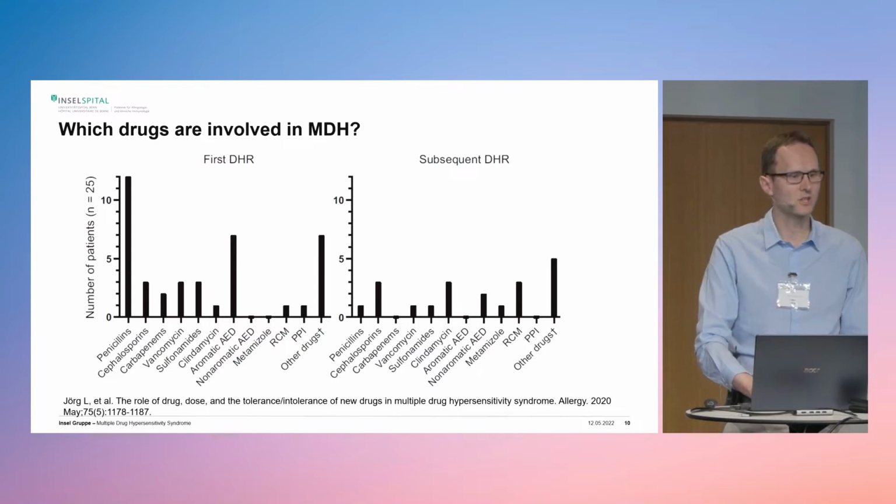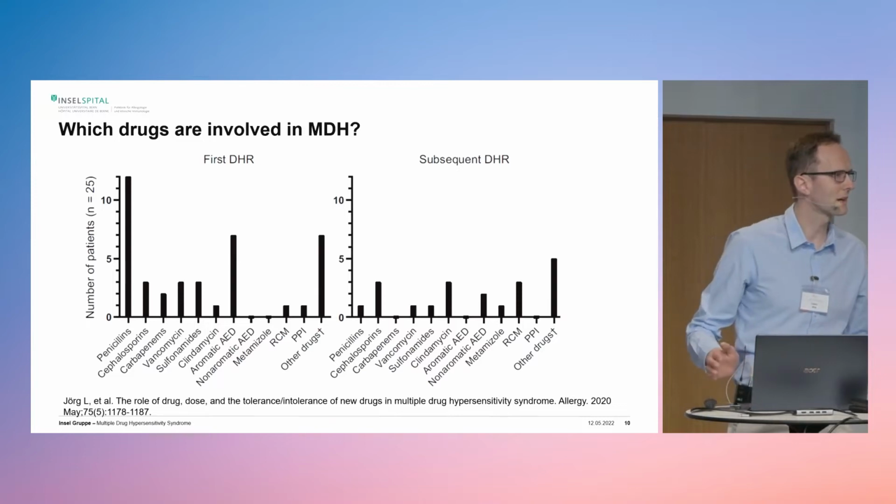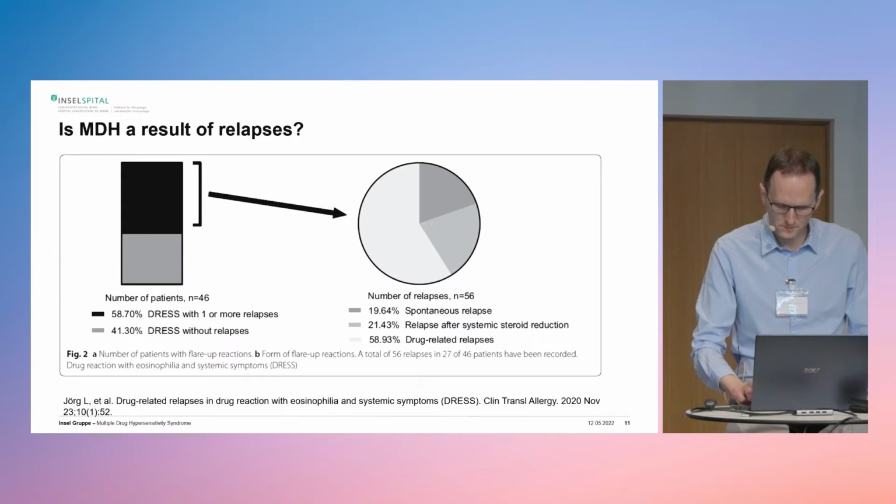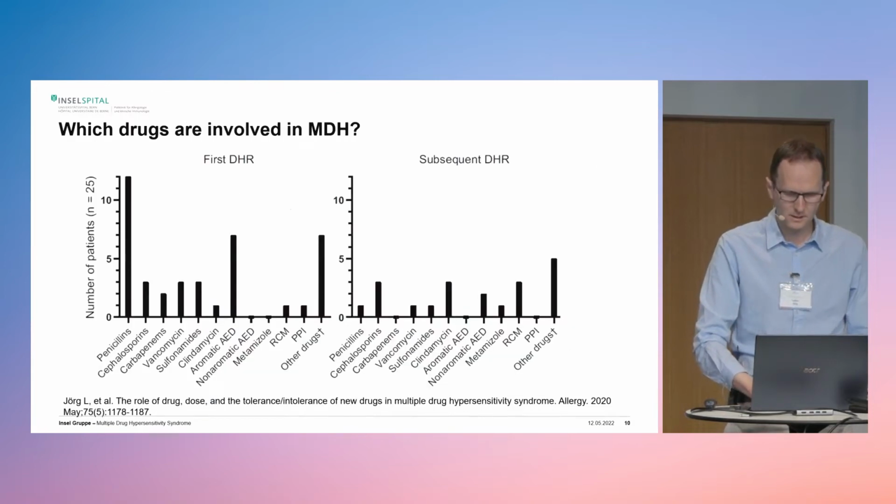For subsequent reactions, you have a certain shift to other drugs like radiocontrast media, clindamycin, proton pump inhibitors, and so on. But you have also the typical antiepileptic drugs and beta-lactams.